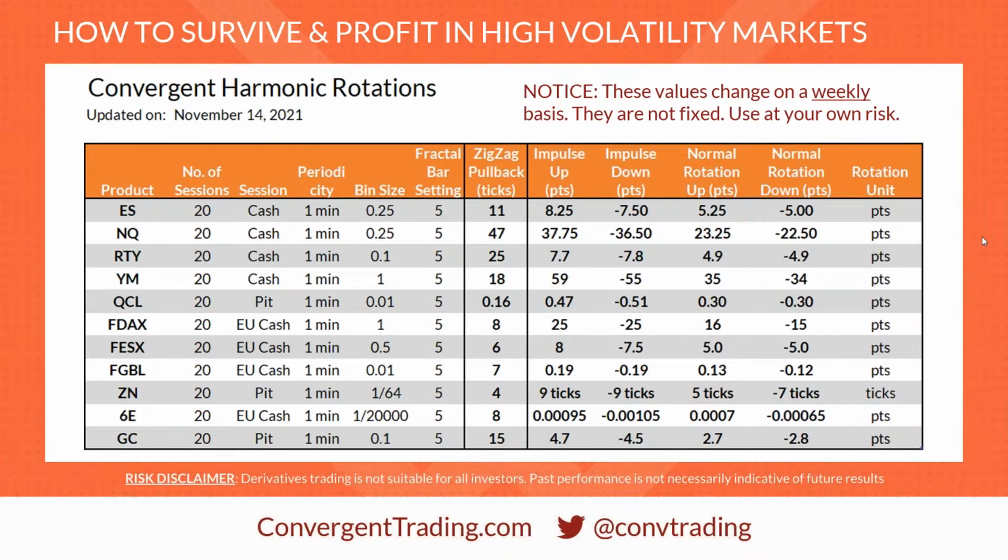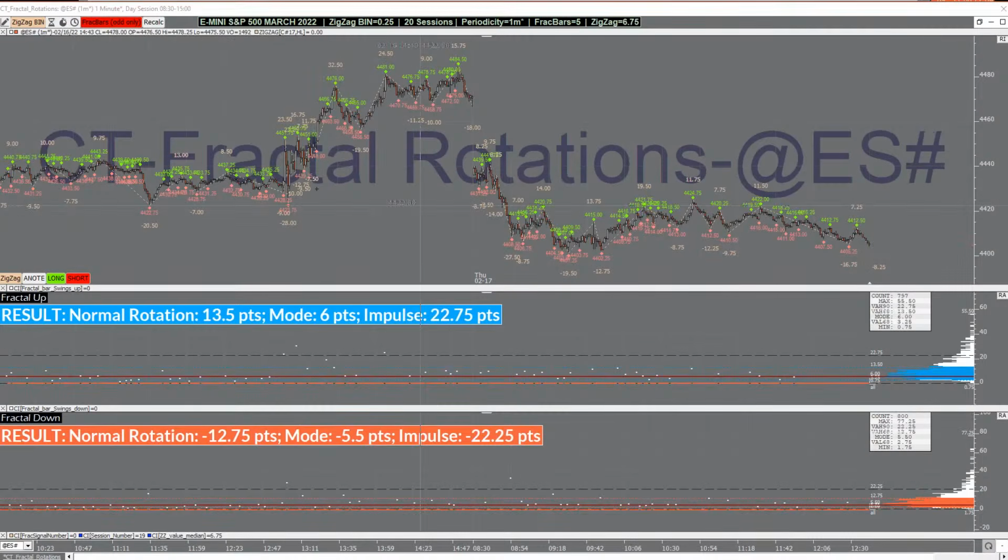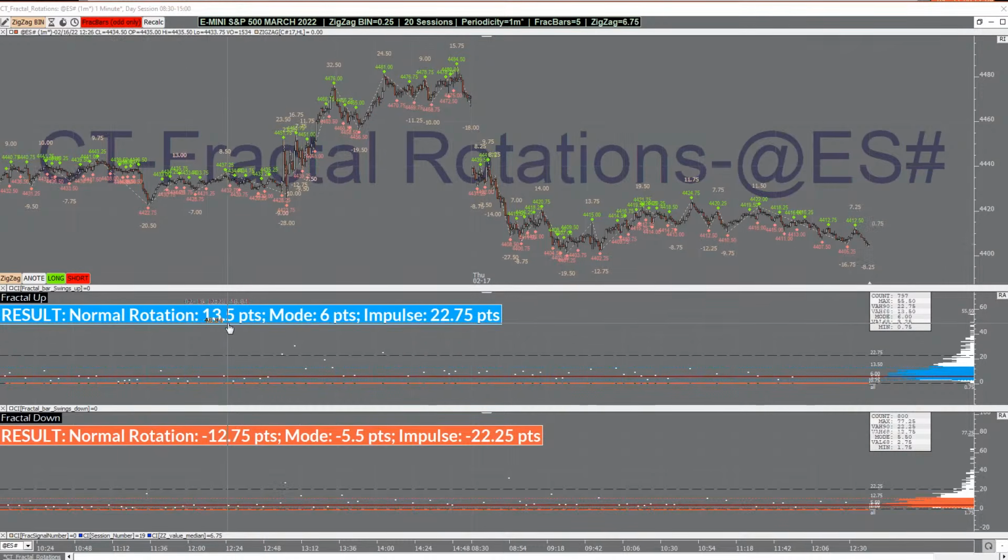Okay, and what we use to create this is the historical chart. So the numbers are coming off. You can see the impulse is 22.75 up, negative 22.25 down. The normal rotation is 13.5. This includes Thursday, so there have been 4 additional days here.